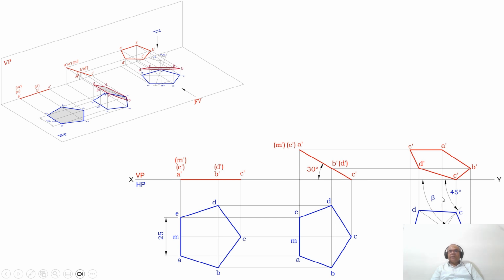We have found that the perpendicular bisector is inclined to HP at 30 degrees, and you have a pentagonal lamina of 25 mm side. The 25 mm side is the true length of the pentagon. Since we have incorporated all the data which was given in the problem, the problem is right. Thank you.